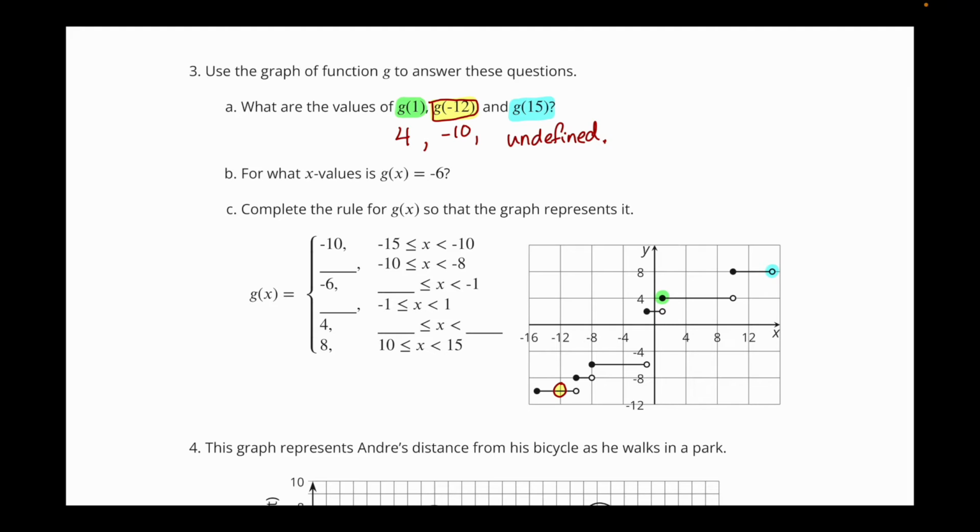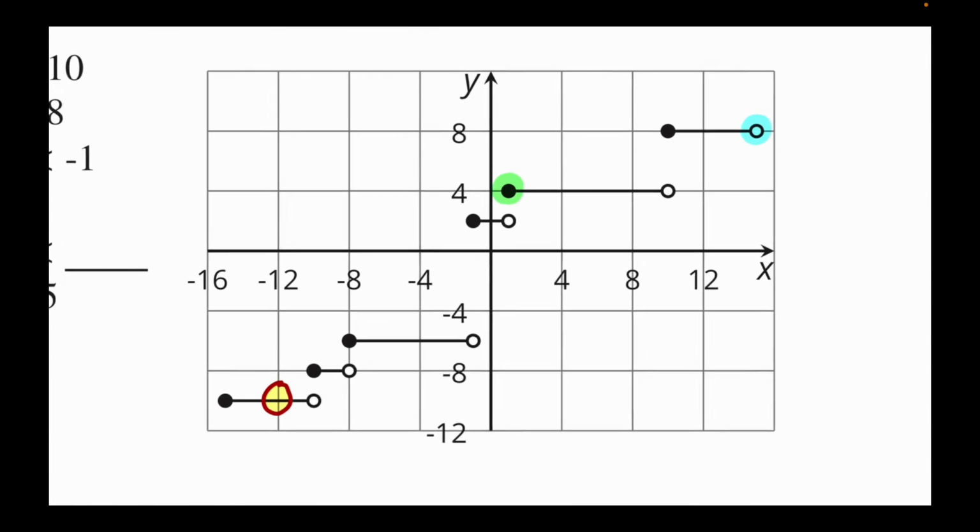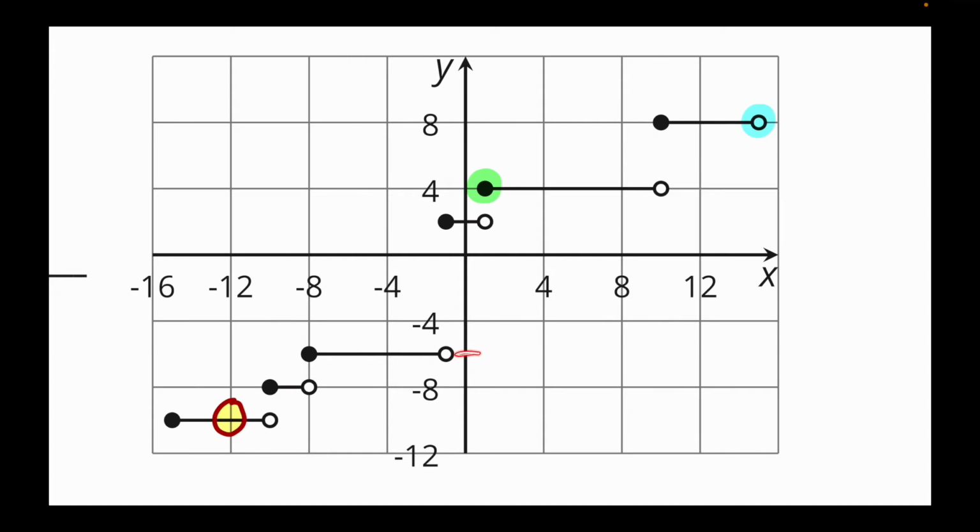Okay, for part B, it says, for what x values is g of x equal to negative 6? So we want to find, when is our output value negative 6? So output value negative 6, that looks like right here. So we want to cover these x values, but not quite this one, because technically it lands here.